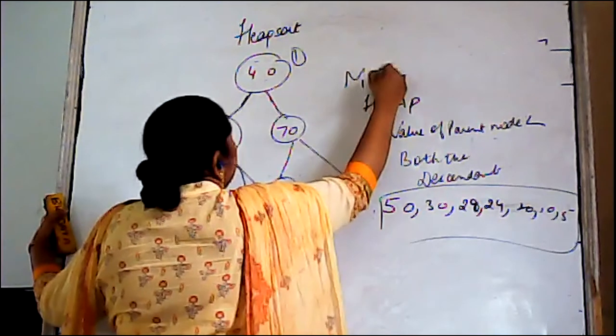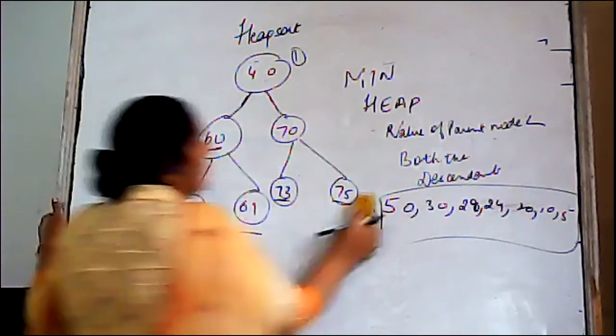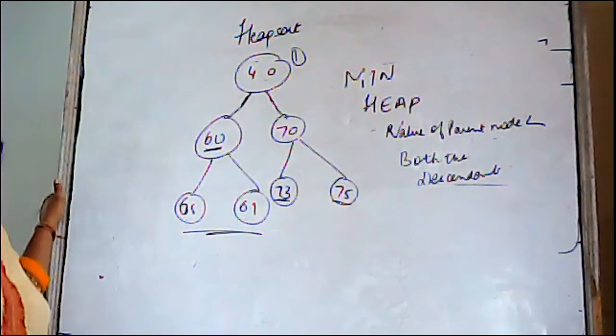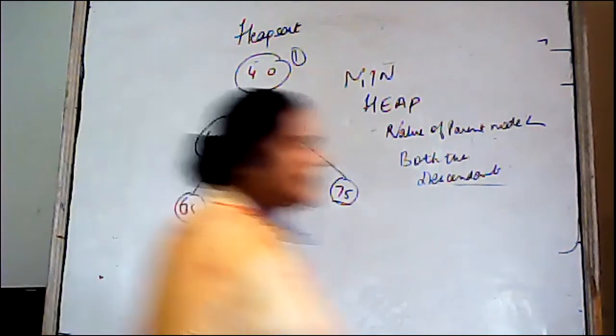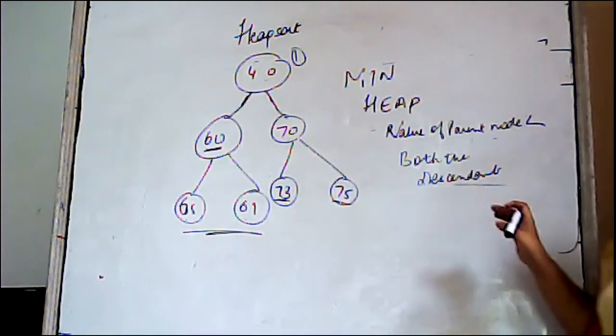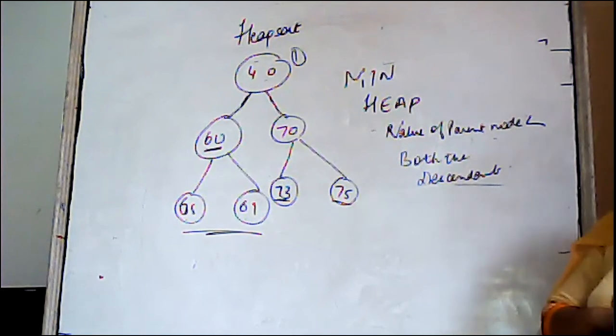This is called min heap, where the parent node is smaller than both of its descendants.